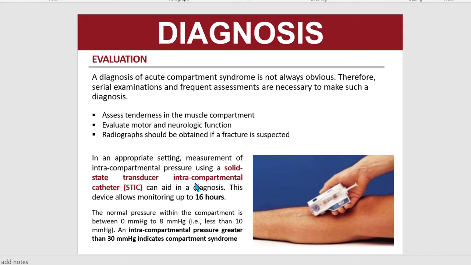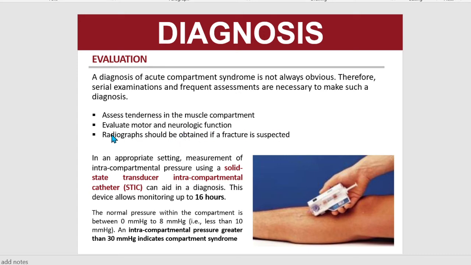So evaluation. You can use physical examination. You assess tenderness in the muscle compartment, and evaluate motor and neurologic function, so sensory and motor assessment. And a radiograph should be obtained if there is a fracture site.